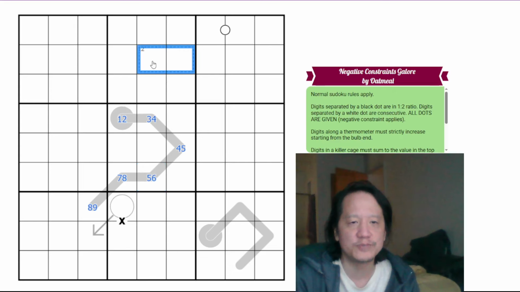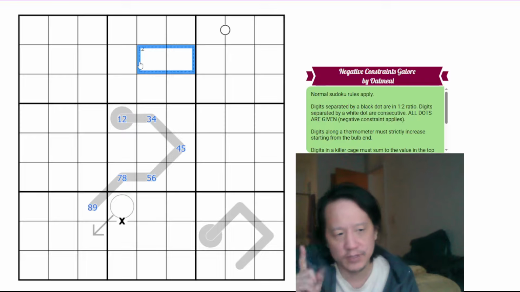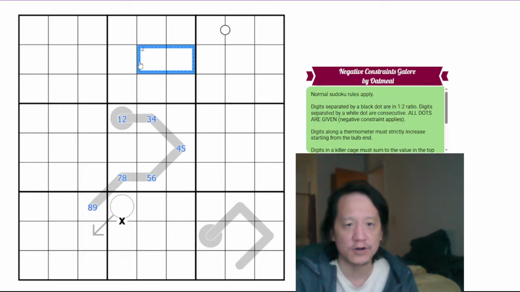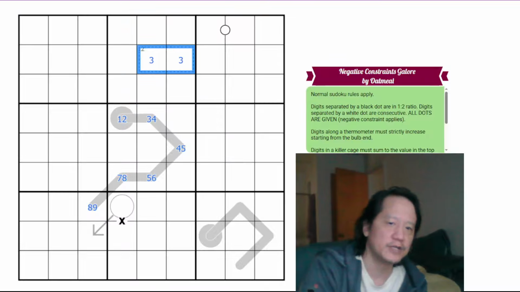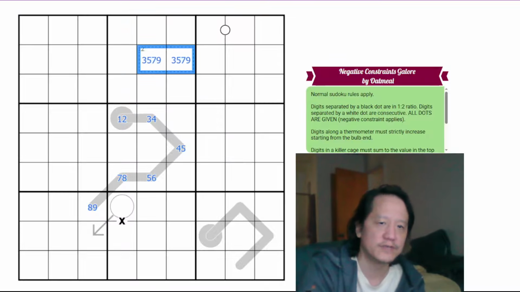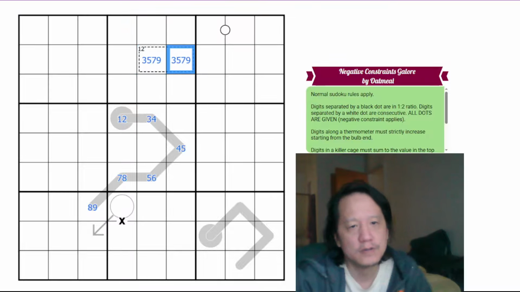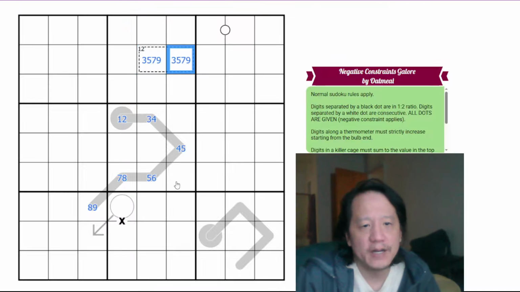These two digits add up to 12, and they cannot be in a 1 to 2 ratio, so 4 and 8 are eliminated. So it could be 3, 9, or 5, 7 here. These digits add up to 10. That doesn't really tell us much.